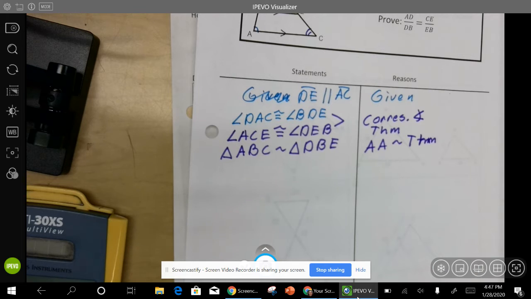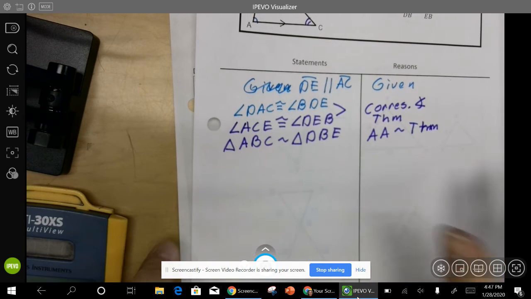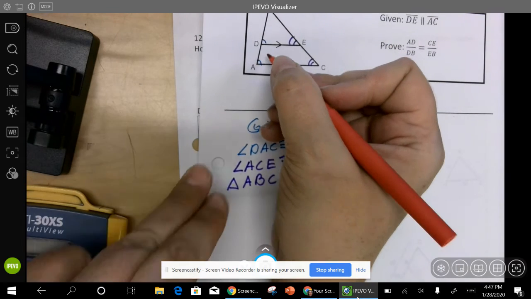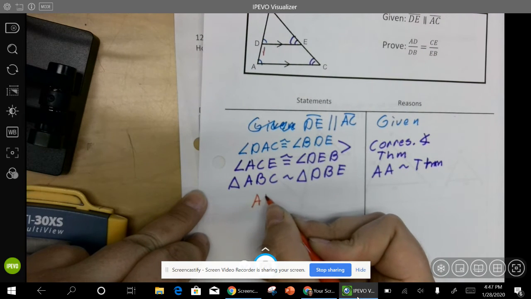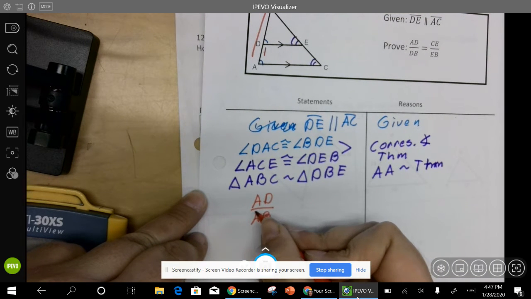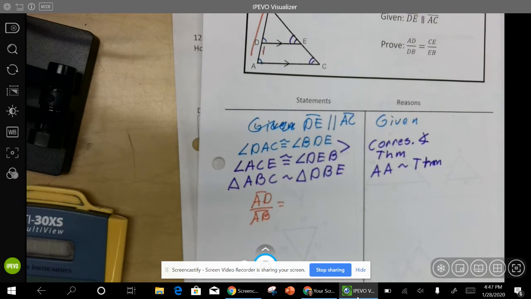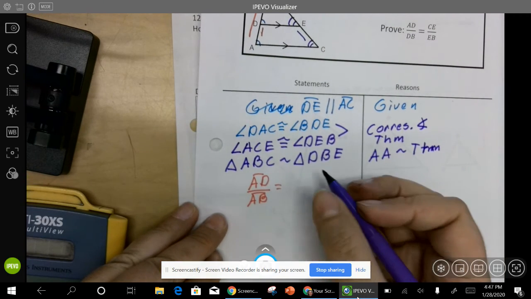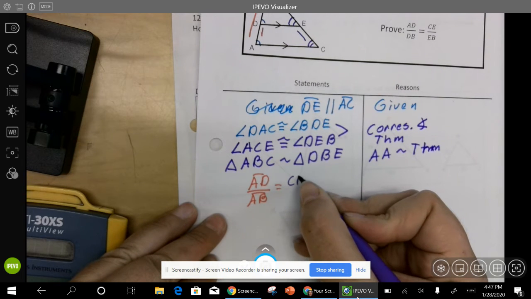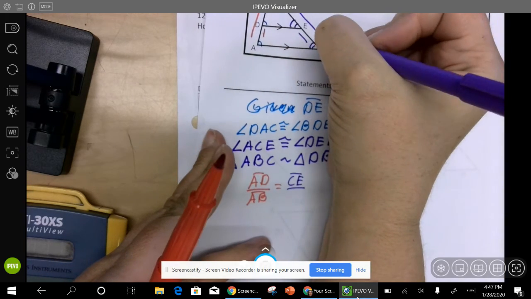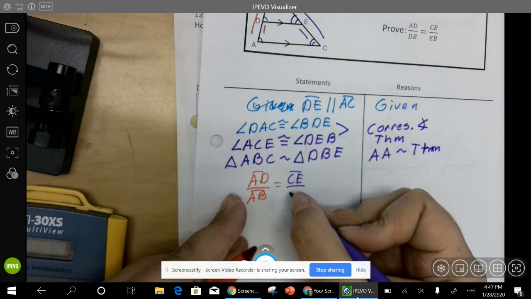Okay, so now we can prove. So I can go with the sides. So I'm going to go AD. Okay, so everybody, if you look up here, AD over AB is equal to CE over CB.